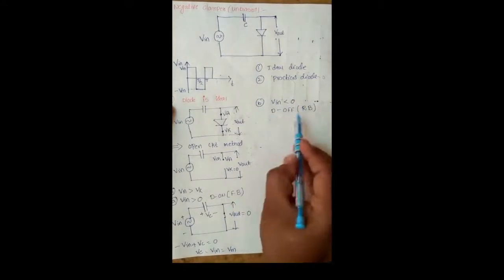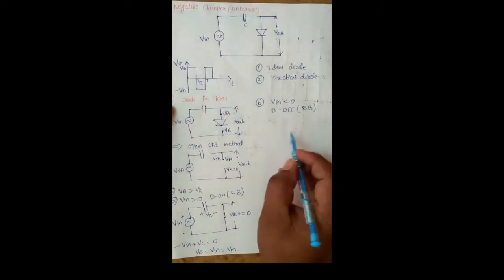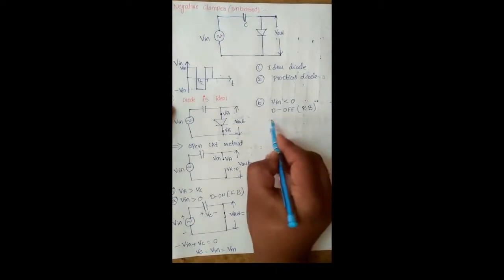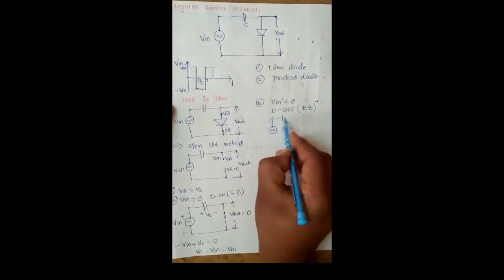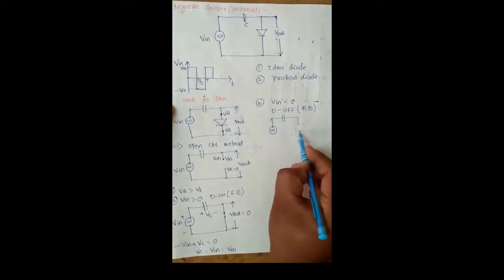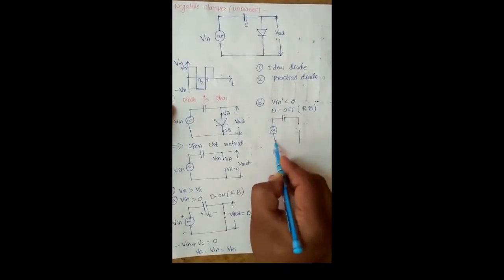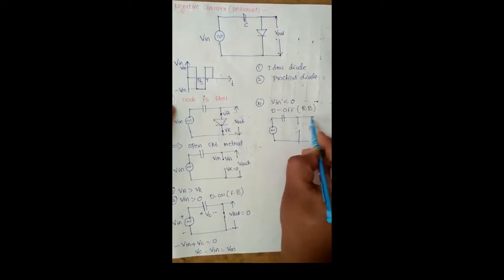And when the diode is in the reverse bias condition, it acts as an open circuit, therefore the diode is open circuited, and now we estimate the output voltage, V output.